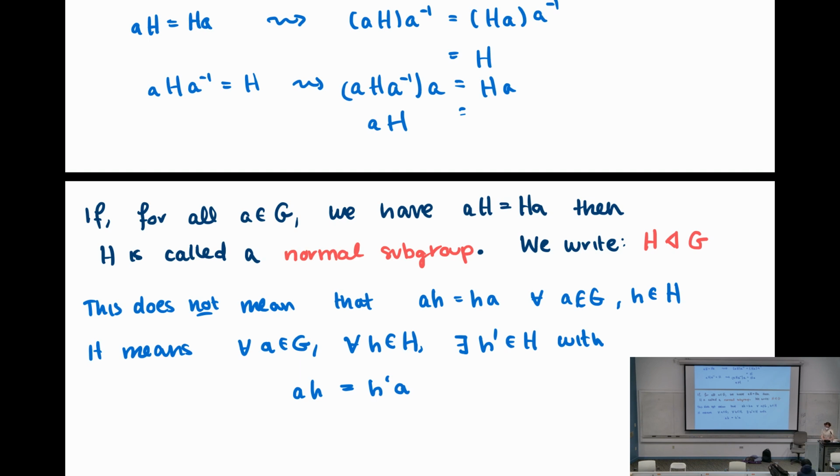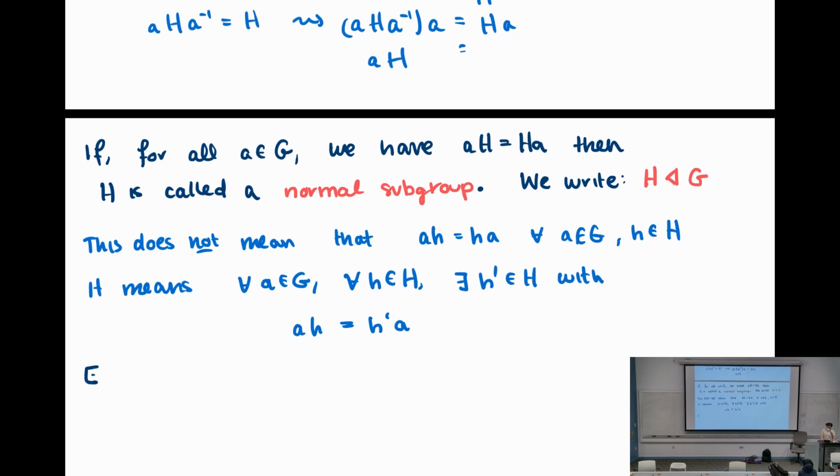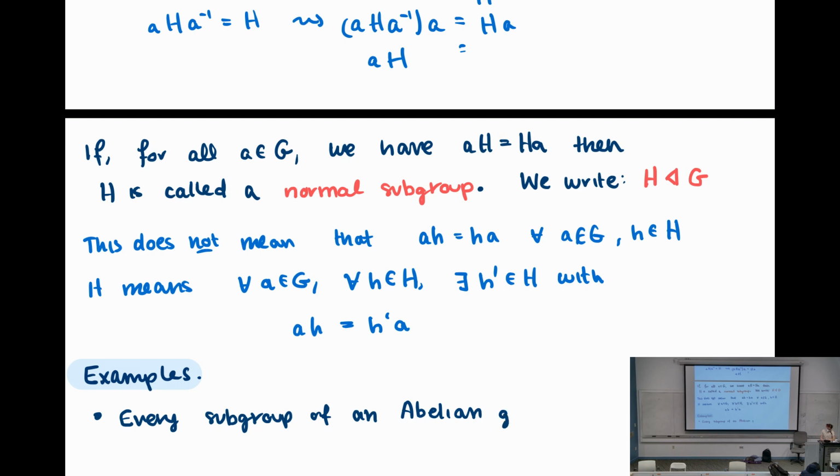Okay, so let's see some examples of normal subgroups. So first of all, every subgroup of an abelian group is normal.